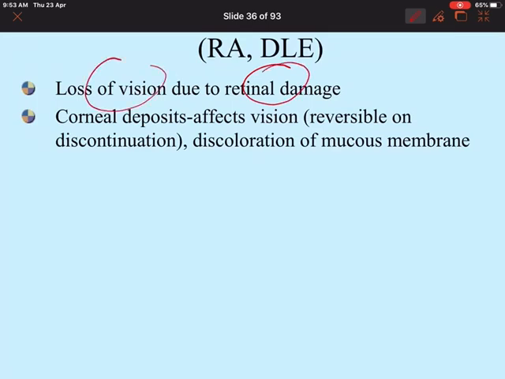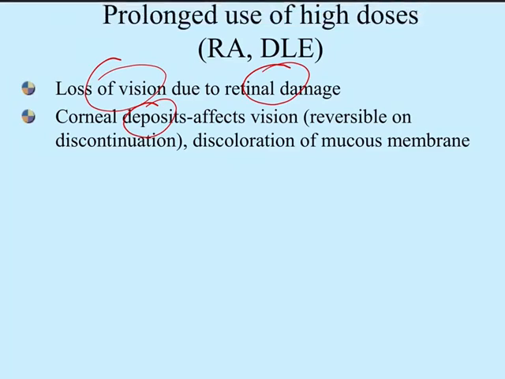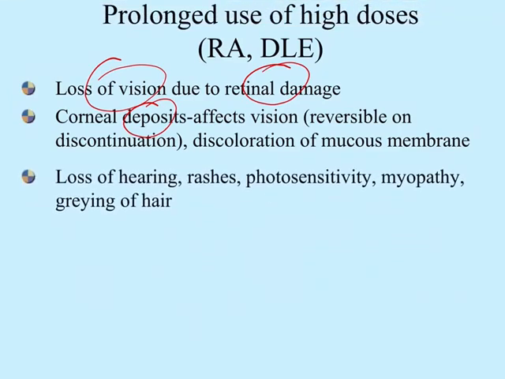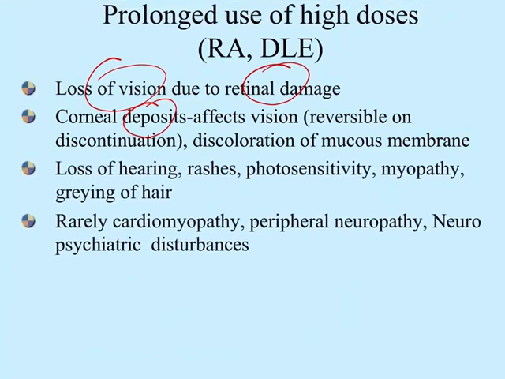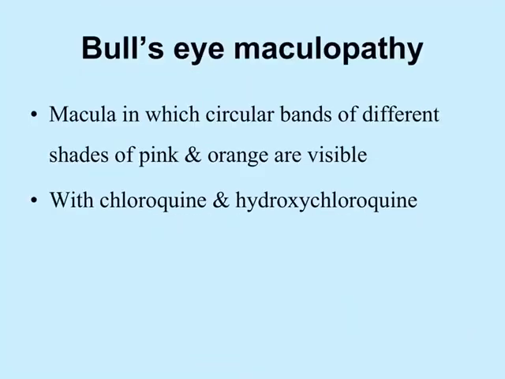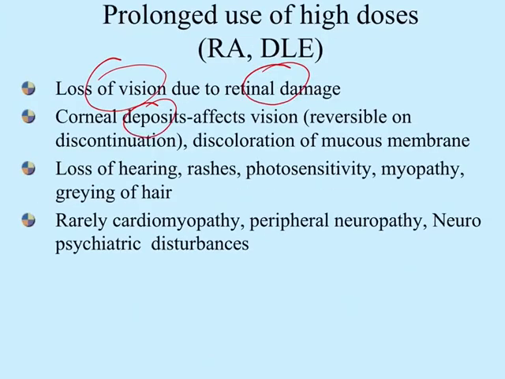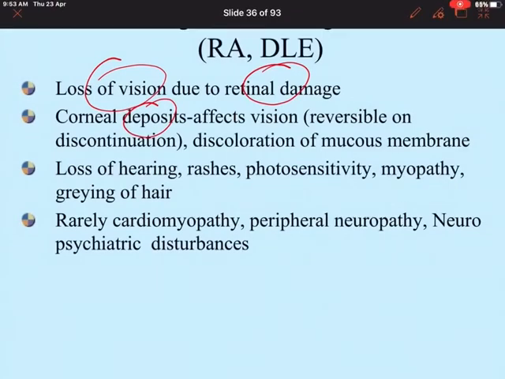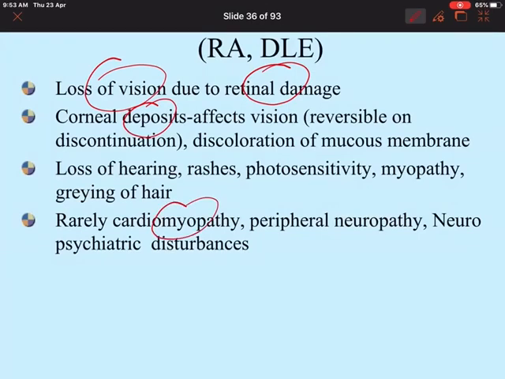It can cause loss of vision, corneal deposits, discoloration of the mucous membrane, graying of hair. It can rarely cause cardiomyopathy and peripheral neuropathies, neuropsychiatric disturbances.